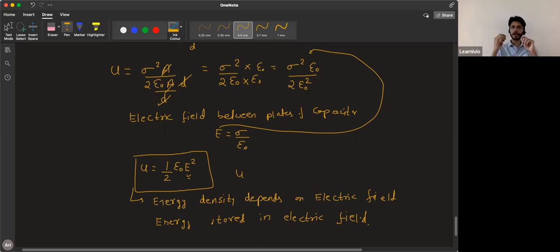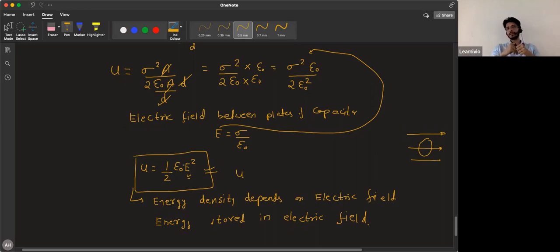So anywhere you have electric field, in the unit volume you have some energy, and that energy per unit volume is half epsilon naught E square. Wherever you have an electric field, you have energy.